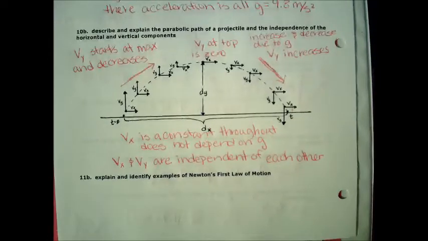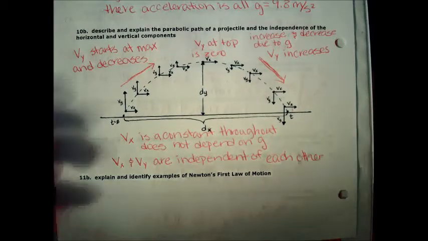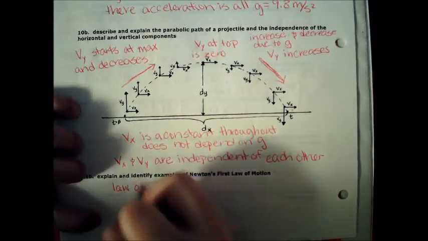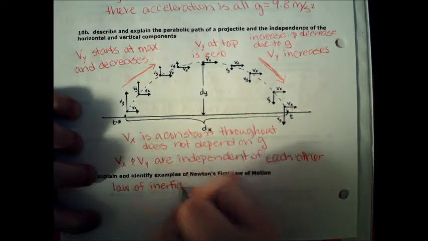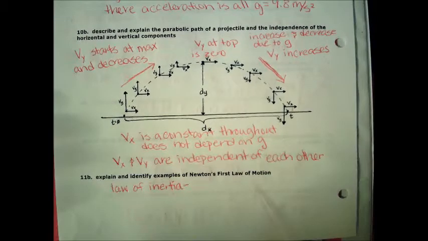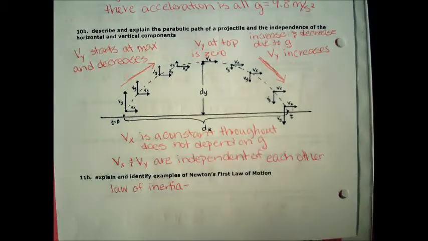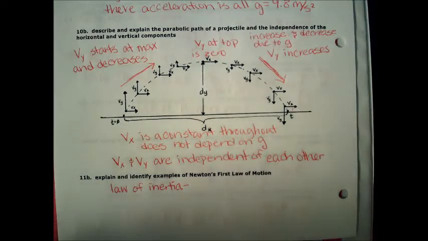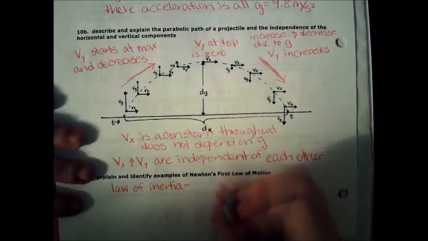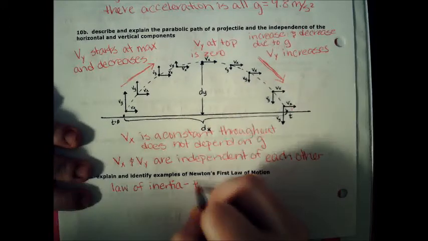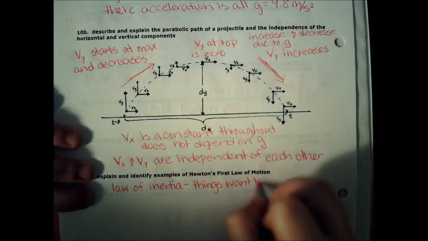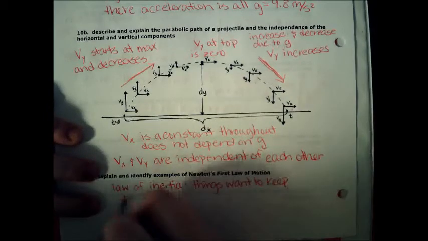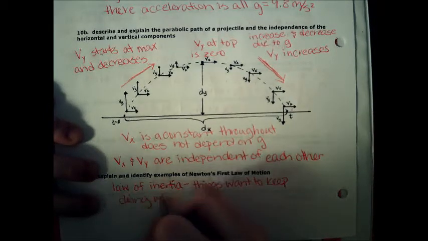All right, now down here at 11b, we are starting to look at Newton's laws. Newton's first law is the law of inertia. Like I said, Miss Morrison goes through a much more in-depth description of the law of inertia. I'm going to give my super ghetto definition, which is things want to keep doing what they're doing.